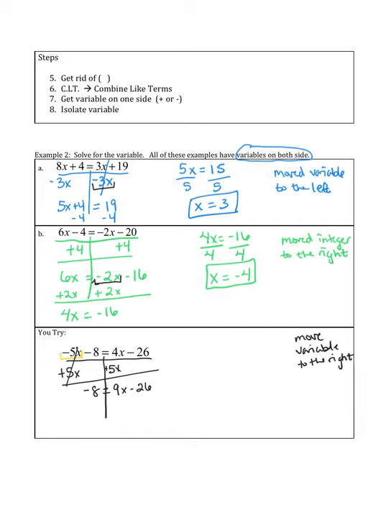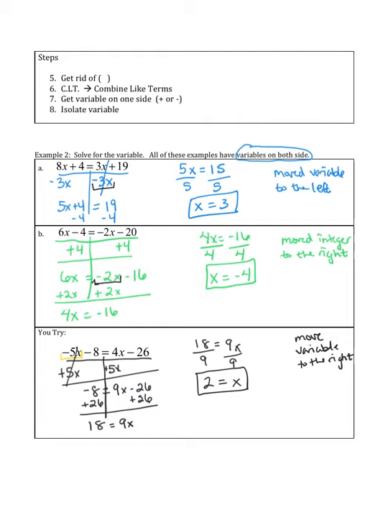And now I have to move the integer. Remember, x is on one side, integer's on the other. I'm going to add 26 to both sides. 18 equals 9x. Put it up here so I can finish my equation. Divide both sides by 9 because that's what's in front of the x. 2 equals x. Do not rearrange things.